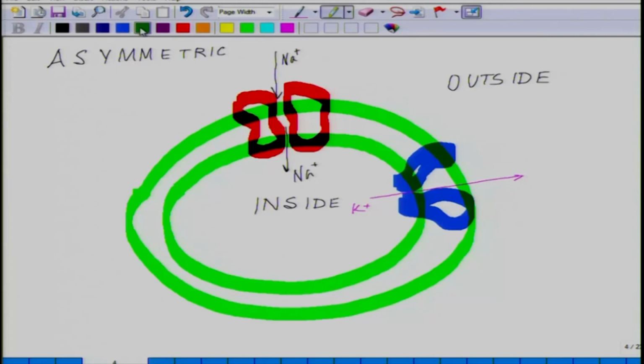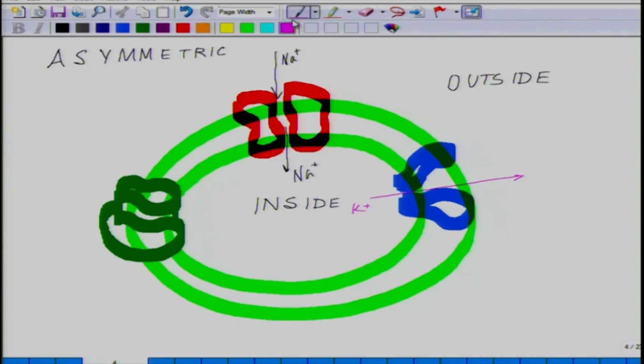That is this component, which is essentially a wonderful motor which functions to ensure that the sodium binds here on the inner part and potassium binds on the outer surface, and this has a property of flipping like this.